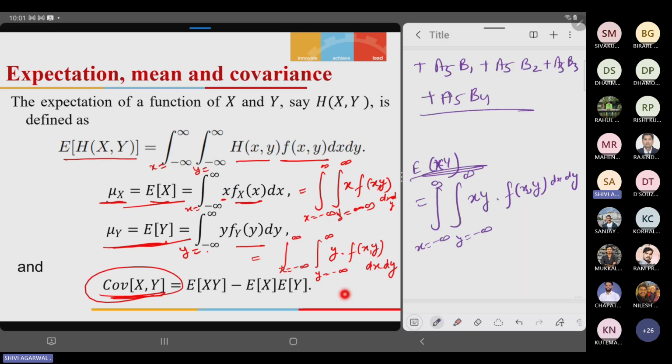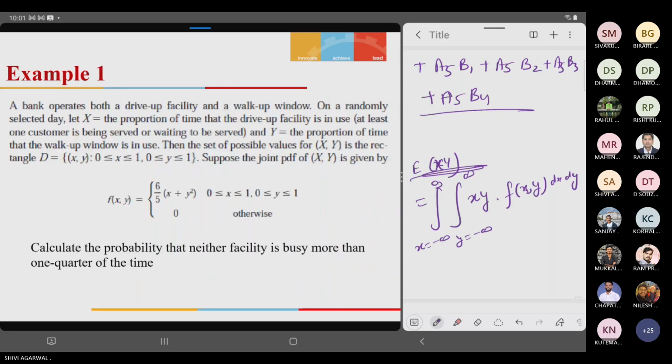Okay, so whatever we have done earlier, we are just extending it in the form of continuous random variables, which you have already done. That's why I'm going fast here, because you have already done chapter 4 and chapter 5. Okay, now one example we are taking here.